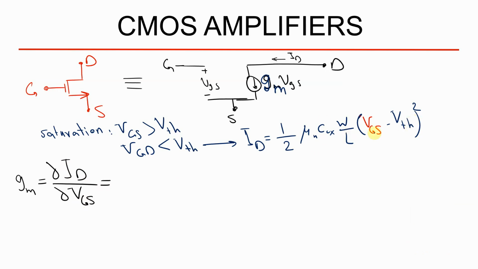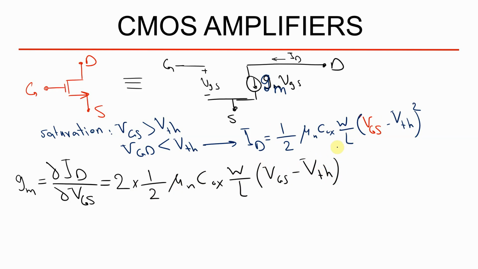These are all constant, but this one is variable. So as you remember from high school, 2 comes down in front of this formula times 1 divided by 2 mu n C oxide W over L, these are all constant, times this parenthesis VGS minus V threshold to the power of 2 minus 1, which is 1. And these two cancel out, and we are left with this formula for gm.